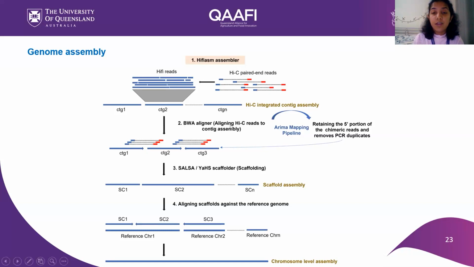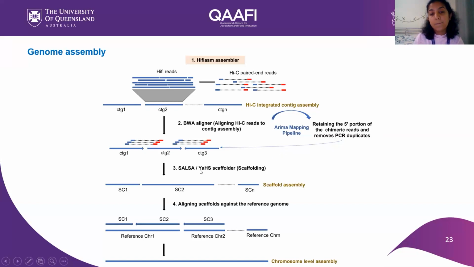And then this alignment file was subjected to a mapping pipeline to retain only the 5' portion of the chimeric reads and also to remove the PCR duplicates. This step removes assembly artifacts, and it can also help to get rid of misassemblies. And then that alignment BAM file is subjected to SALSA, a scaffolding tool.